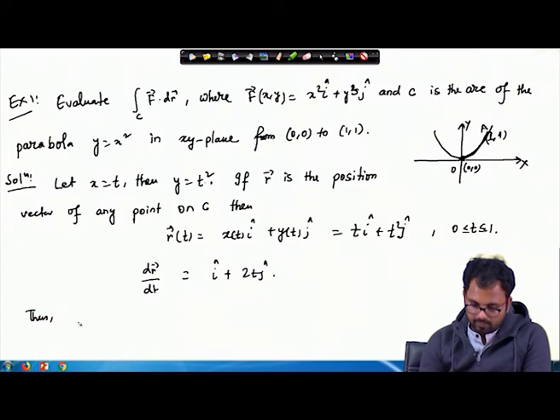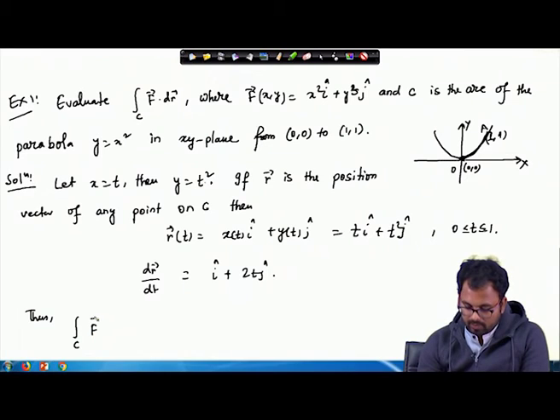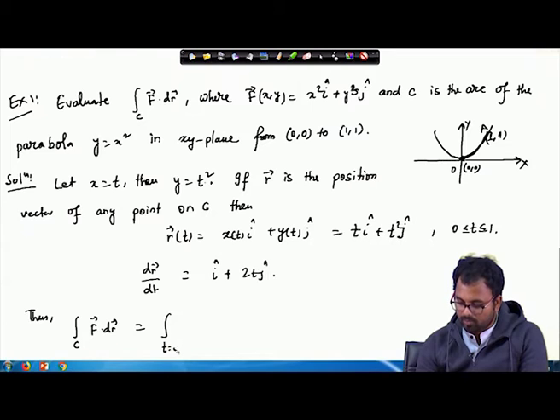Thus, the integral over the curve C of f dot dr is equal to the integral with t running from 0 to 1.